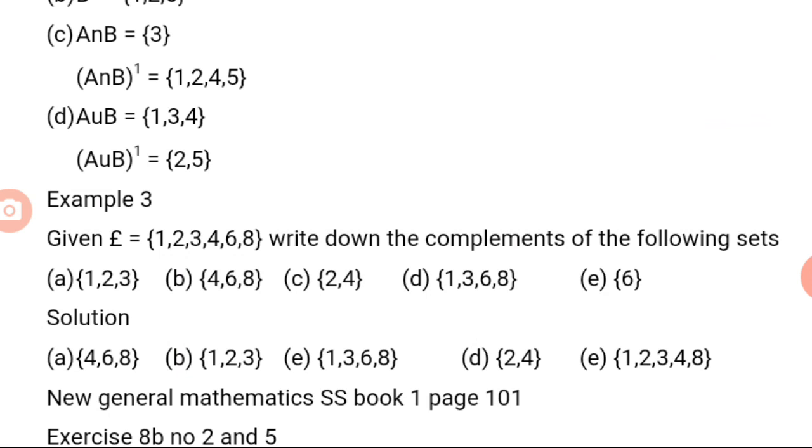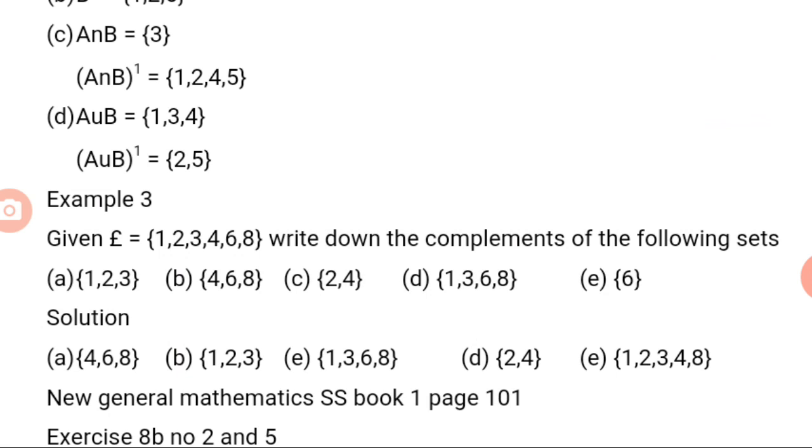Now, let me give another typical example. Let's assume that in SS1, both in our day college and our boarding college, we have 3 arms: SS1A, SS1B, SS1C.